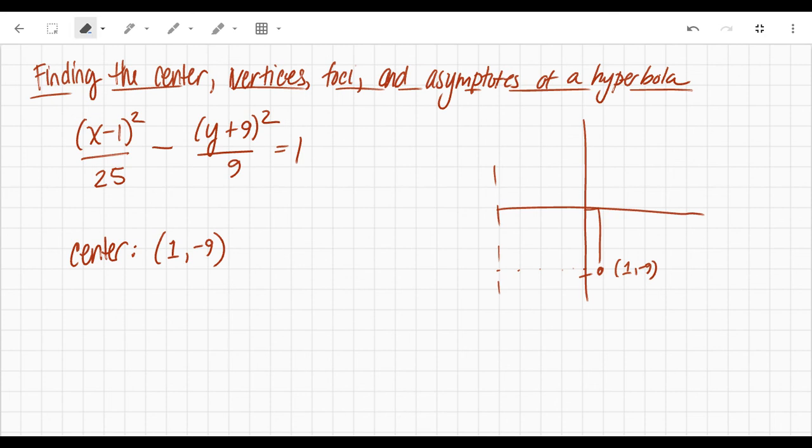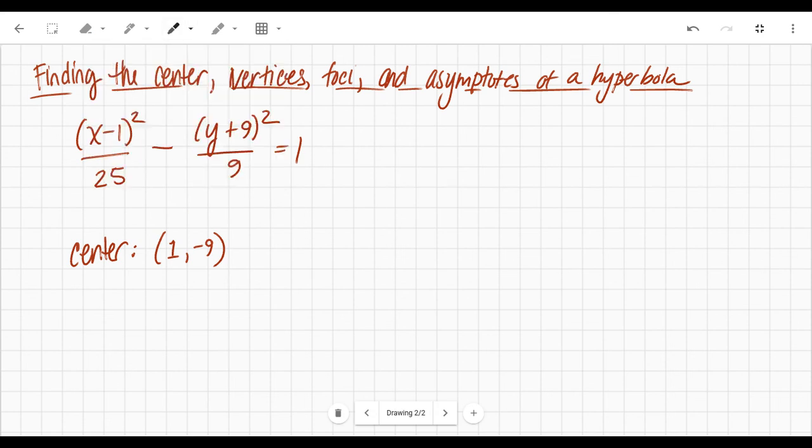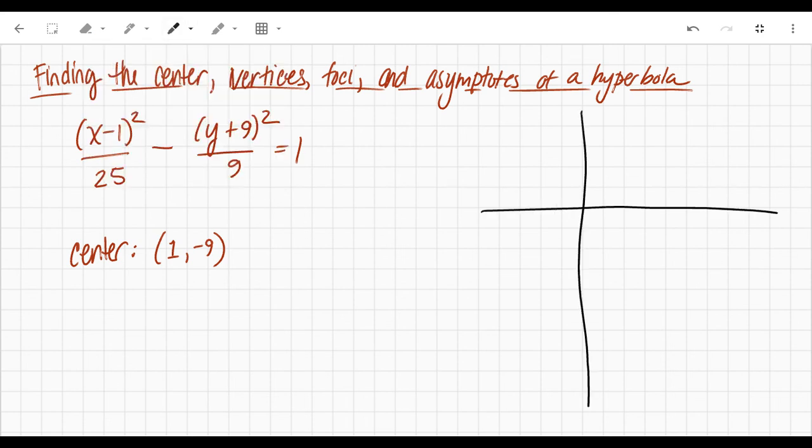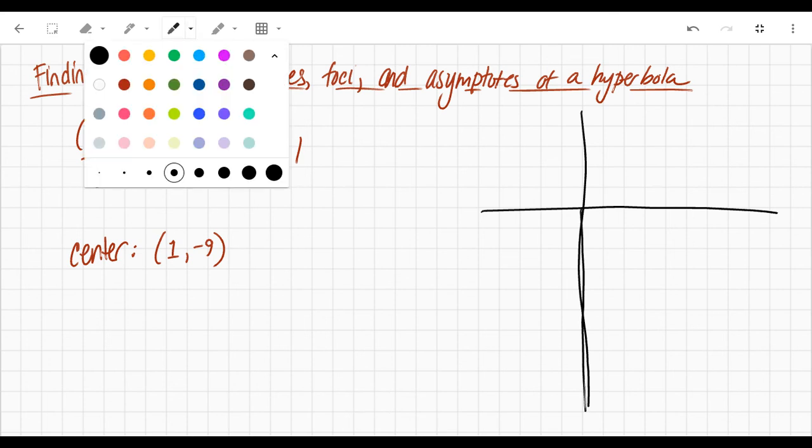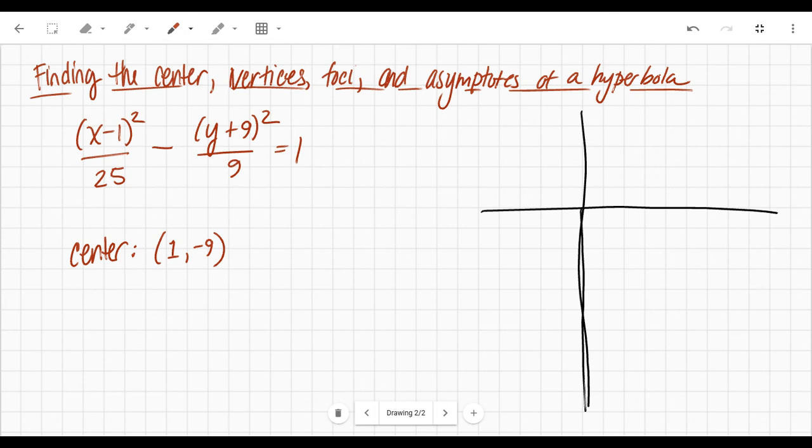You know what? I am going to draw it a little bit more to scale for you guys because it's going to bother me too. Might as well do it right. It's going to help you get the answer easier too. Okay. Oh man, that's not the best axis there. Okay. So anyways, 1, -9.